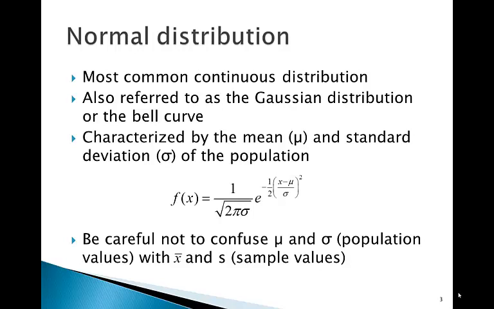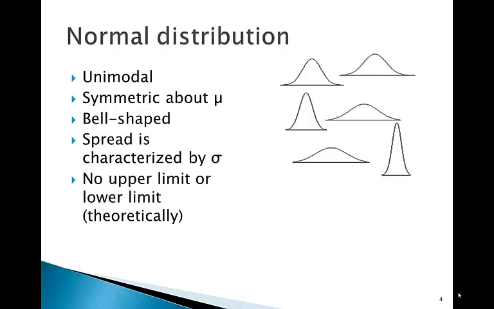And one thing you also have to be careful of is not to confuse mu and sigma, the population mean and standard deviation, with x bar and s, our sample mean and sample standard deviation. The normal distribution is bell-shaped and it's symmetric about the mean. That means that if you're above the mean or below the mean, the shape should be about the same.